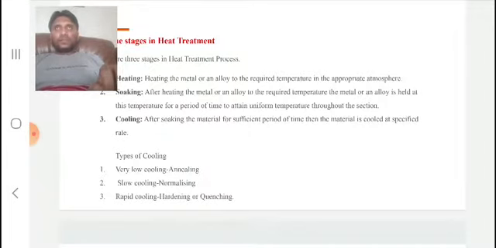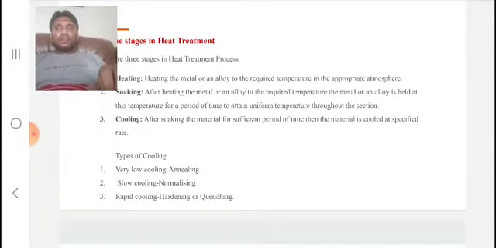After the material is soaked for sufficient time, the metal is cooled. But in heat treatment, cooling is the main factor which affects the final properties of the metal. Whatever purpose we are trying to achieve by heat treatment, that whole purpose will depend on the cooling process.